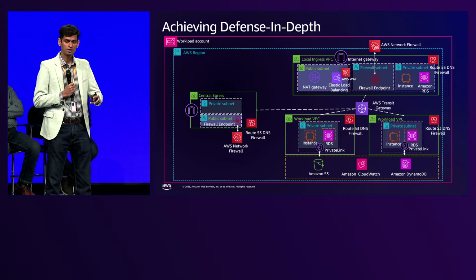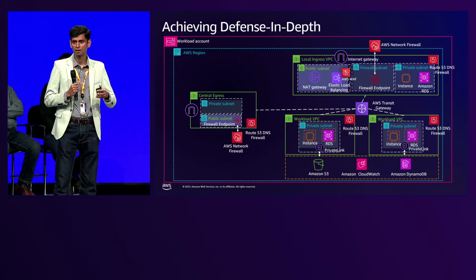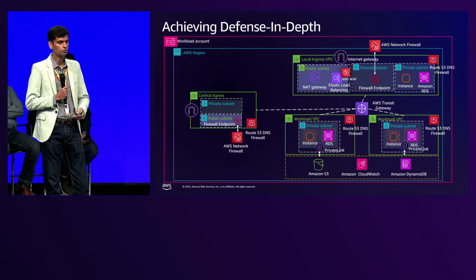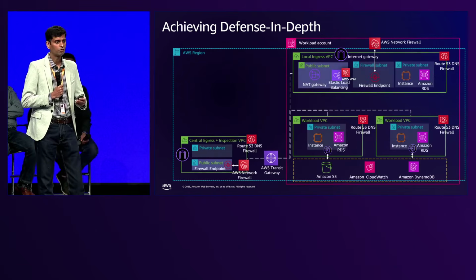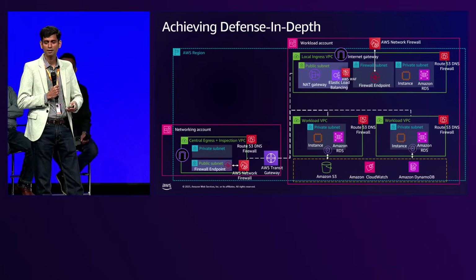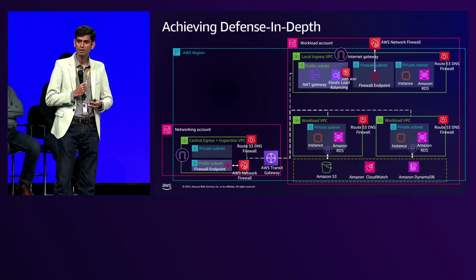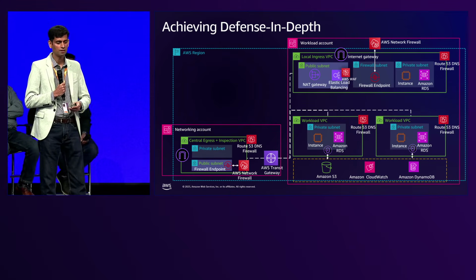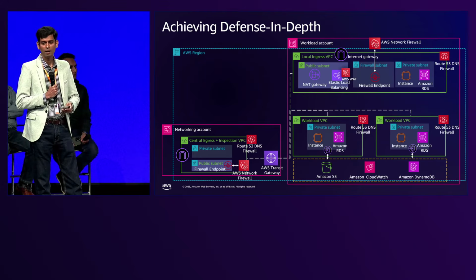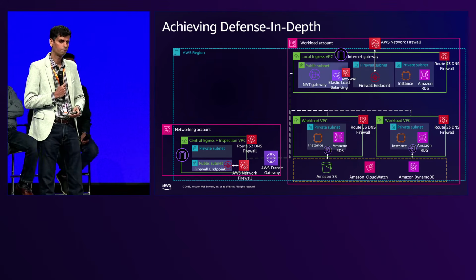Now again, this doesn't have to be restricted to a single account. You can actually take that architecture in your multi-account strategy as well. So when you use a multi-account approach, one of the best practices is to use a centralized networking account where you can host your central networking and security resources, such as centralized egress plus inspection VPC, AWS Transit Gateway, and have an ability to interconnect networks across accounts.